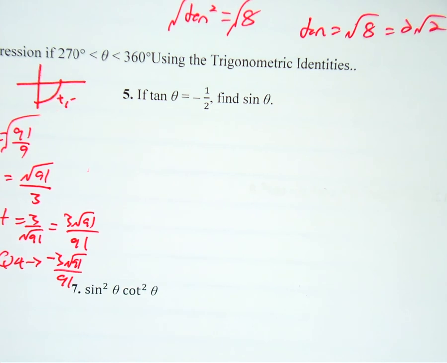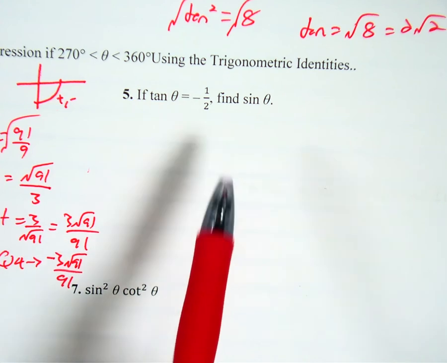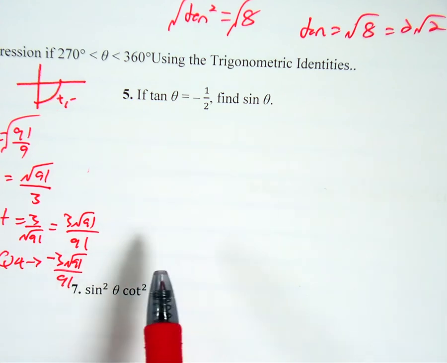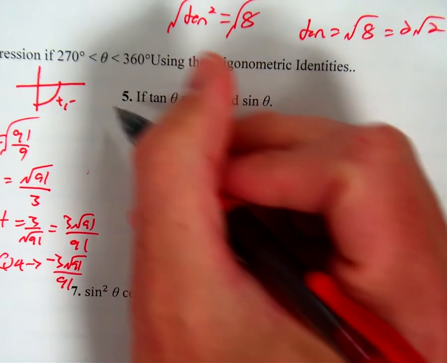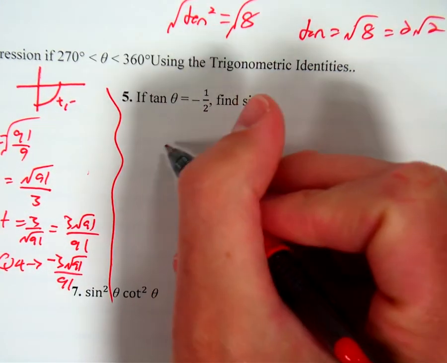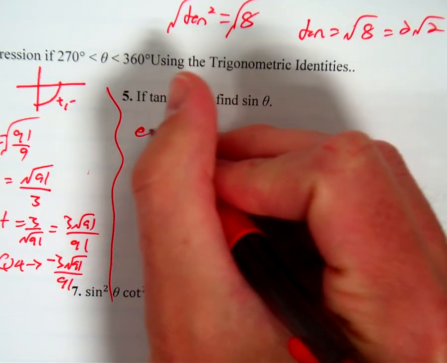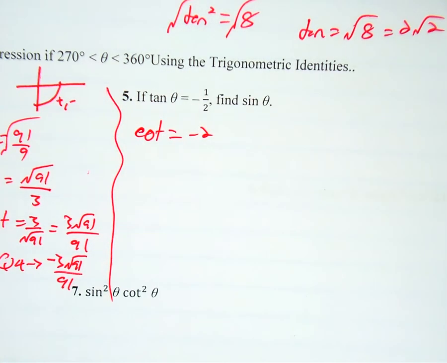Maybe you want to flip that to cotangent, and then use your cotangent formula to find cosecant and flip it. Or we could use the tangent formula, get secant, flip that to cosine, and then solve for sine. Up to you. I think the shortest route here is, let's call this tangent, we're going to flip that to cotangent. It would be negative 2.